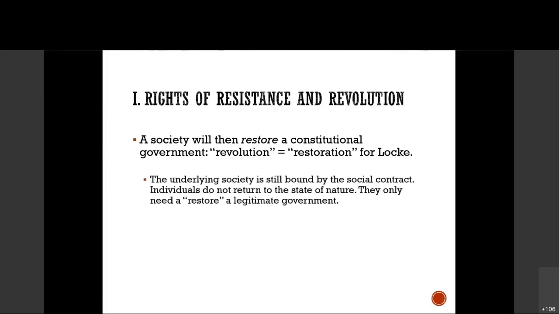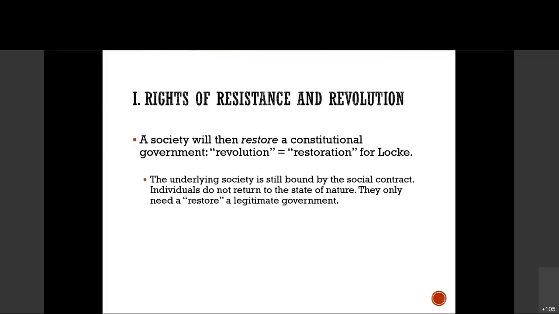And the underlying idea is that the underlying society is still bound by the social contract. Just because your government broke the terms of the social contract, just because your governors left civil society and started attacking it from the outside, like a thief or a wild beast, those are metaphors that Locke prefers, doesn't mean that all individuals are suddenly no longer bound by the contractual terms.